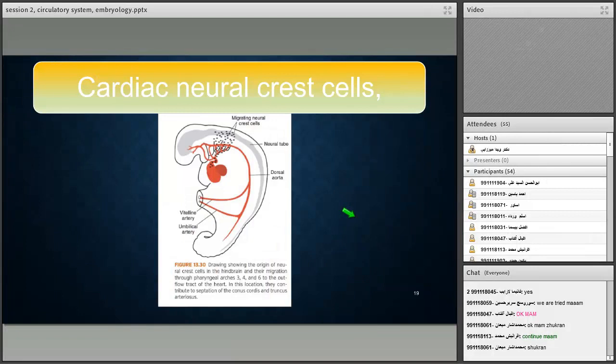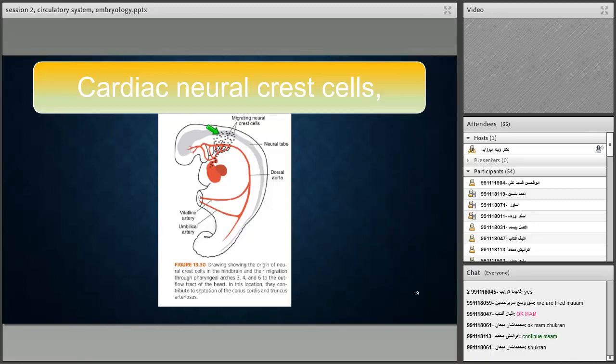We have some cardiac neural crest cells. As you remember, these neural crest cells originate at the edge of the neural folds of the neural tube.